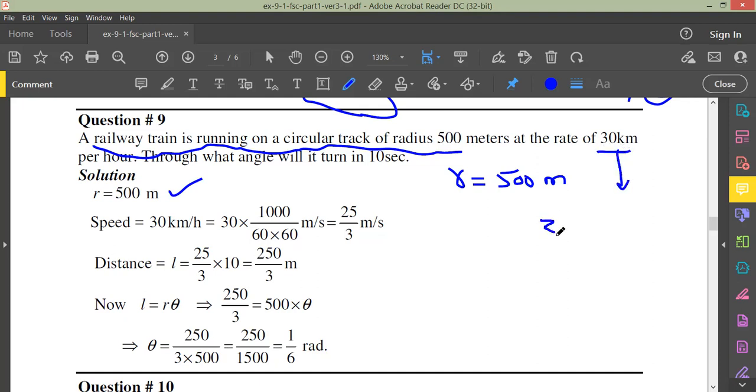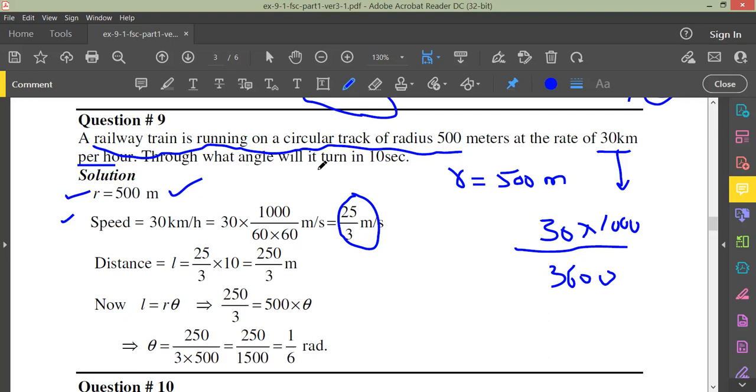If we want to convert 30 kilometers into meters, we multiply by 1000. This is per hour. If we want to convert it into seconds, we divide by 3600. So after converting, this will be equal to 25 over 3.